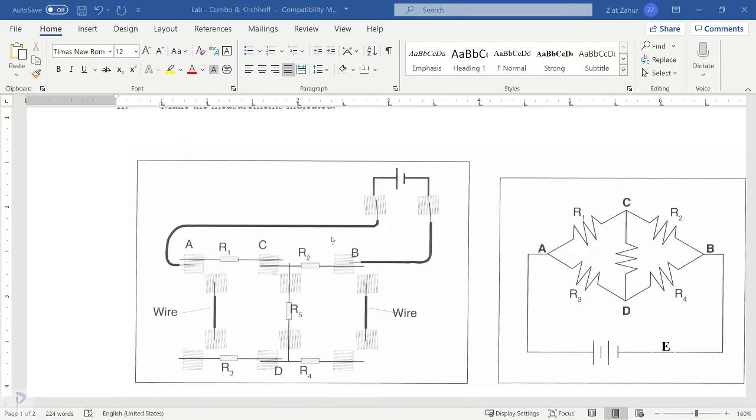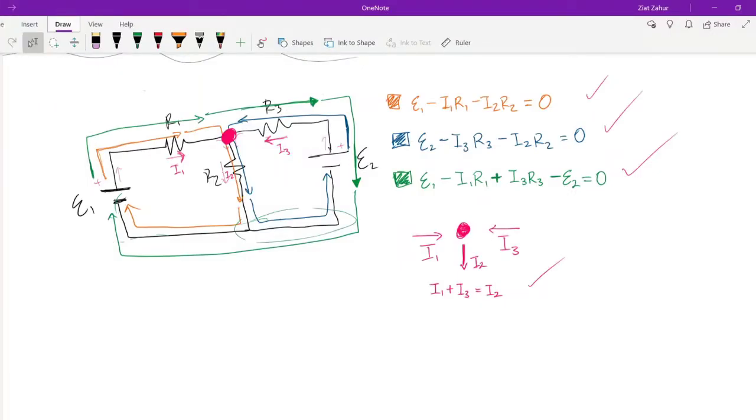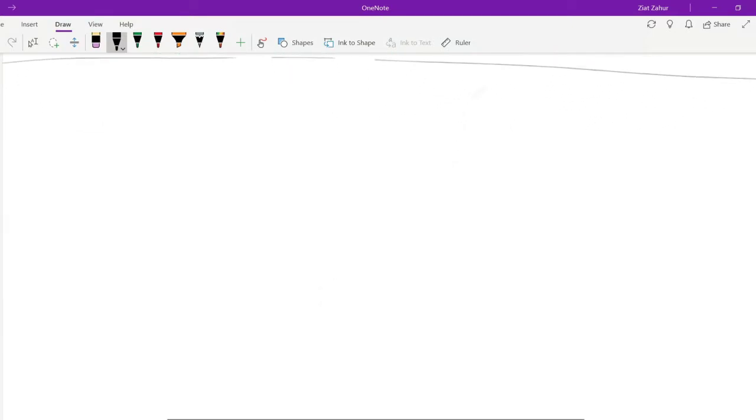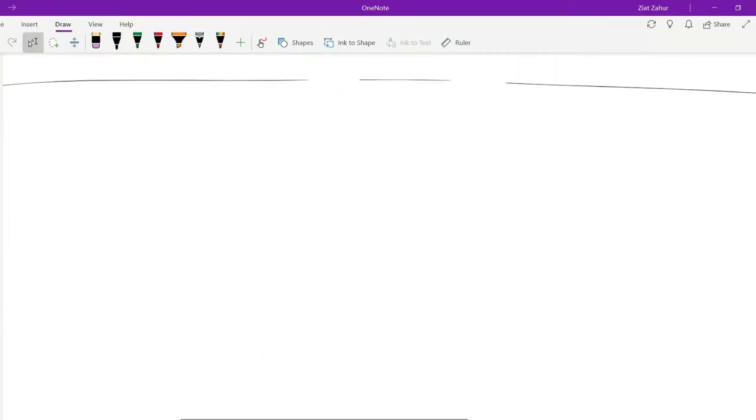Alright, so in this one we have 5 resistors, and the 5th one being the one in the middle, going across from corner to corner. Alright, so let's analyze this circuit a little bit and then we'll be off to the races. Okay.